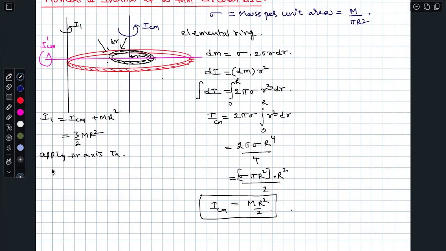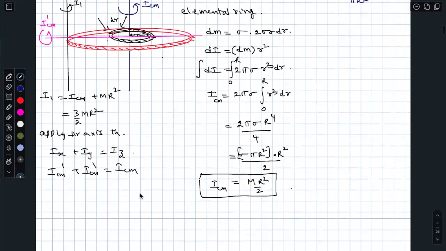So in that case, Ix plus Iy is Iz, implies ICM dash plus ICM dash is ICM. So therefore, ICM dash is ICM by 2, which is nothing but M r square by 4.